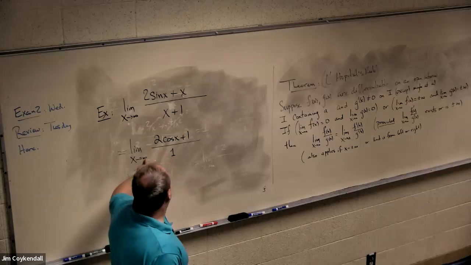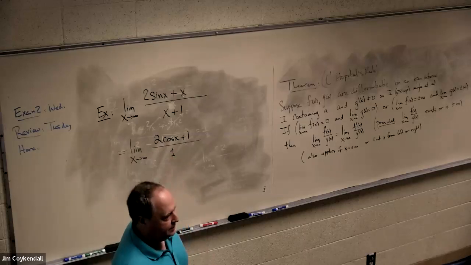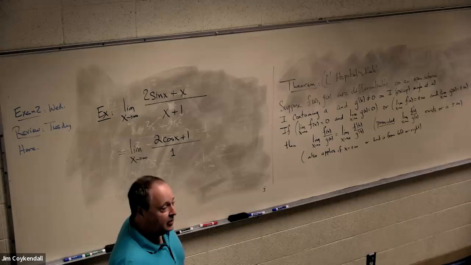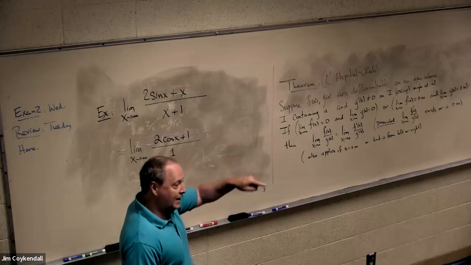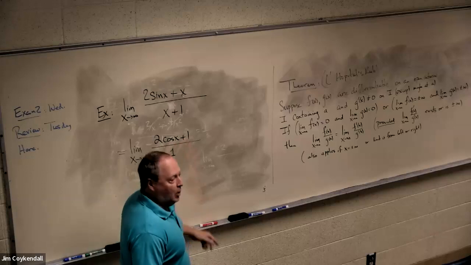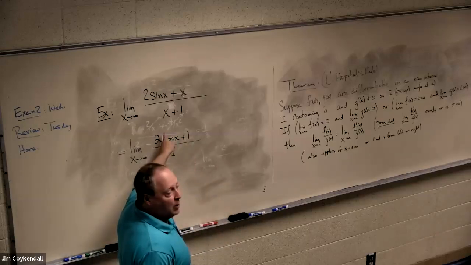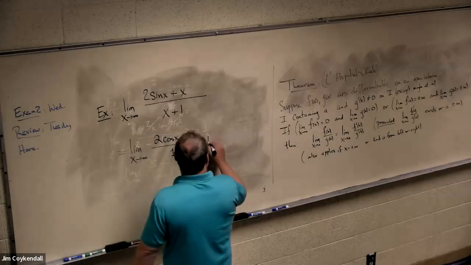What's the limit as x goes to infinity of 2 cosine x plus 1? It doesn't exist at all, right? 2 cosine x goes back and forth between -2 and 2. 2 cosine x plus 1 just kicks it up, so now it's waving back and forth between -1 and 3. So this limit does not exist.